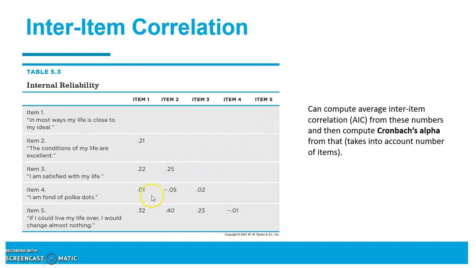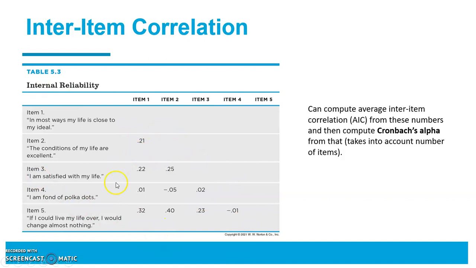If you correlate the ratings on item 1, the conditions of my life are excellent, and item 3, I'm satisfied with my life, you would anticipate that those are going to be correlated if there's good internal consistency. You would expect not as high of a correlation coefficient with this, I'm fond of polka dots. That shouldn't have a very strong relationship with how satisfied somebody is with their life. And you can see that that's the case.